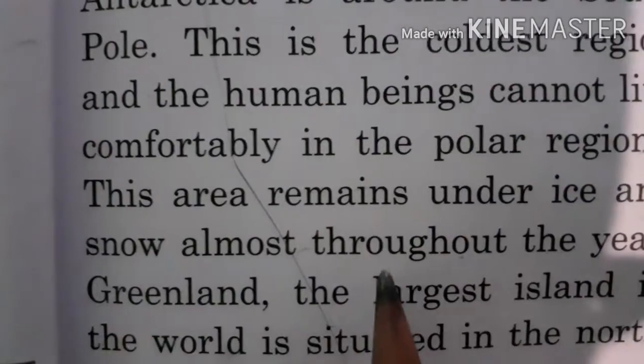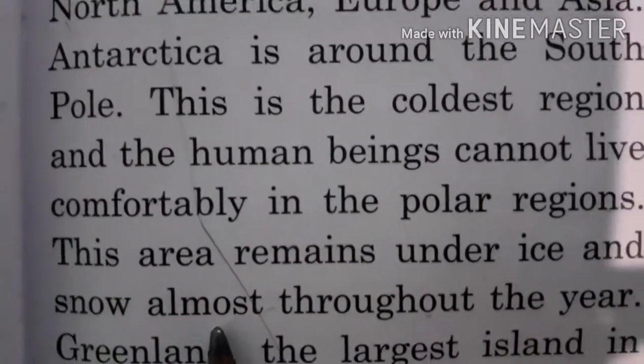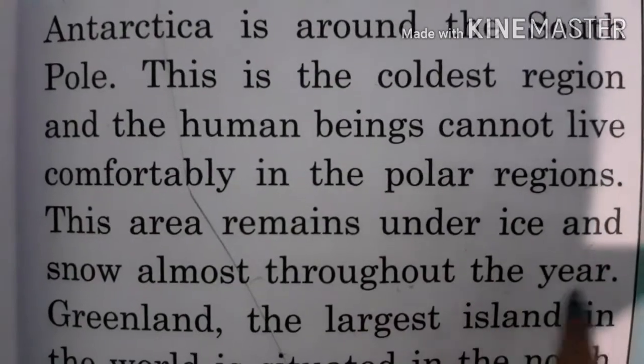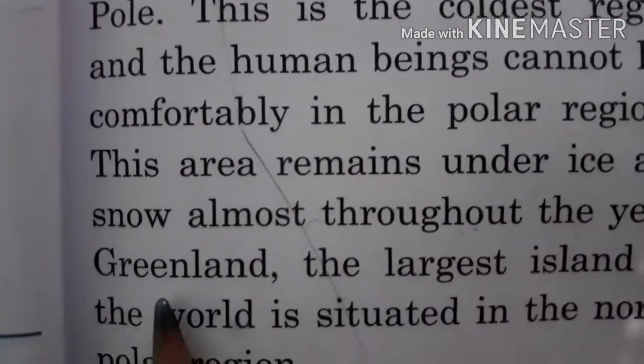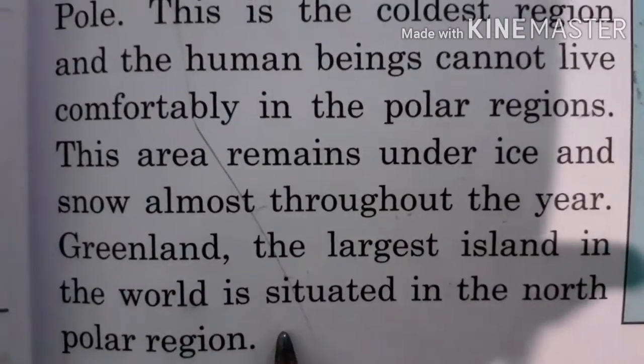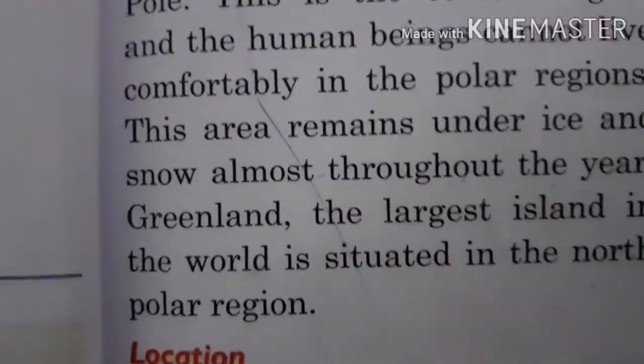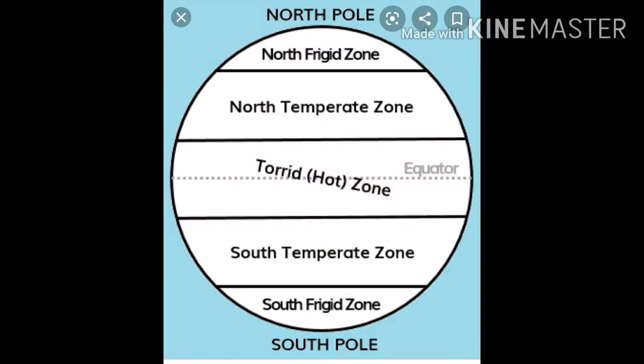This area remains under ice and snow almost throughout the year. Greenland, the largest island in the world, is situated in the North Polar region.